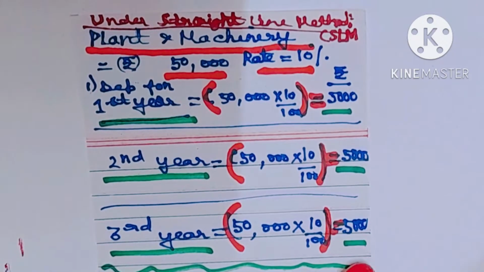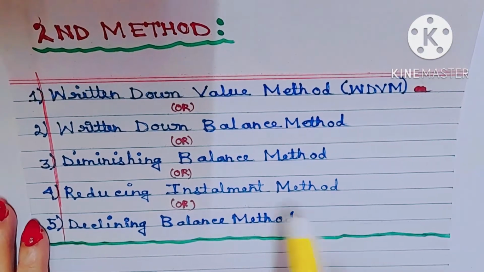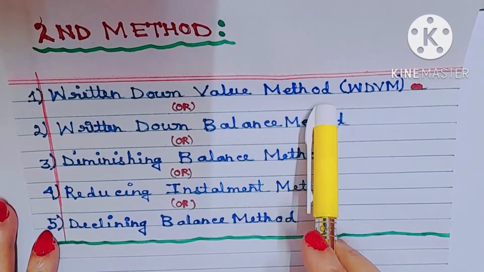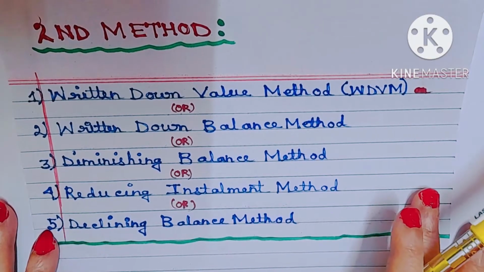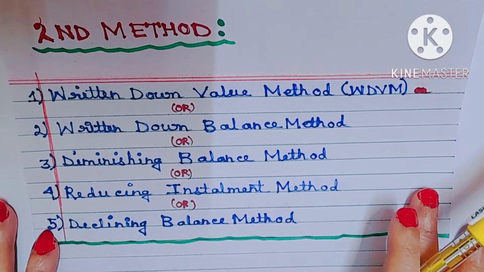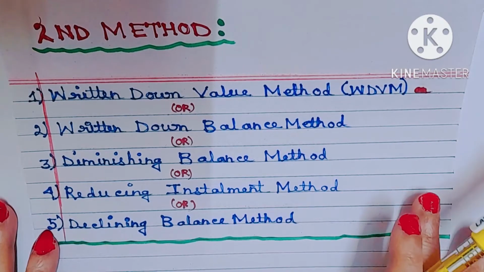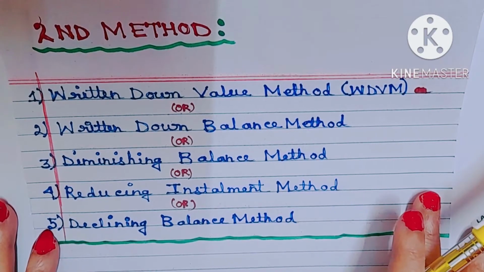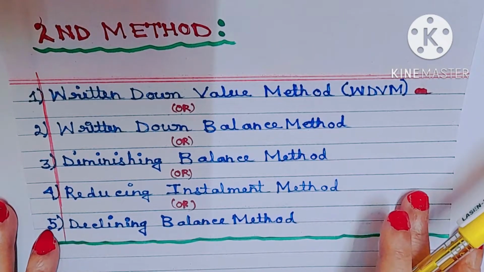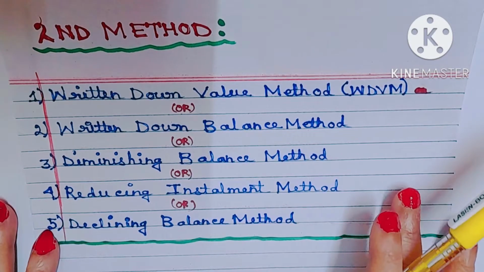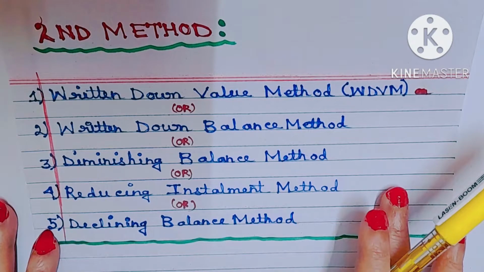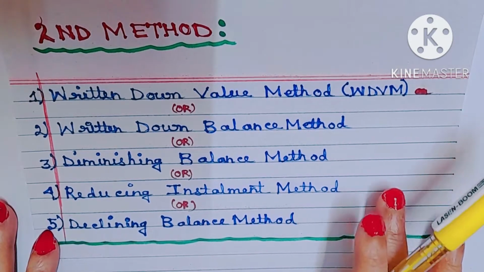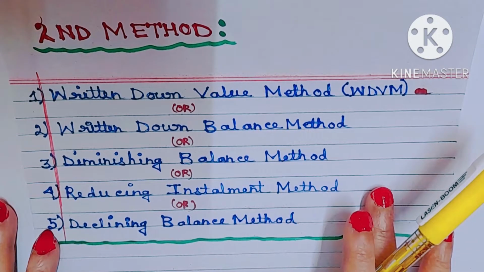I hope you understood. Now, what is written down value method or WDVM in short form? Written down value method is also known as reducing installment method or diminishing balance method, because under this method depreciation is charged on the book value of the asset or on the reducing balance of the asset rather than on the original cost of the asset.